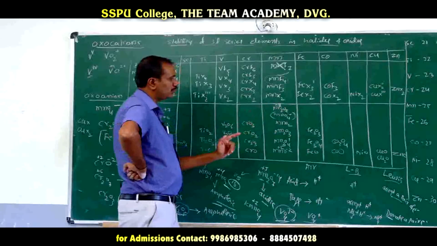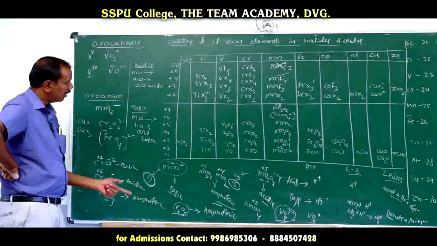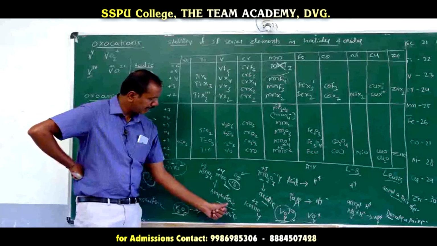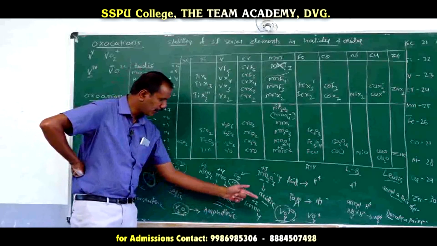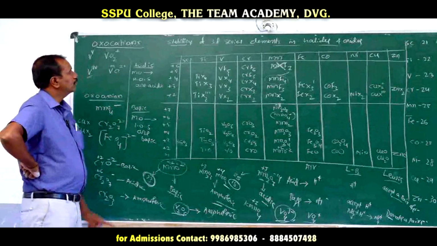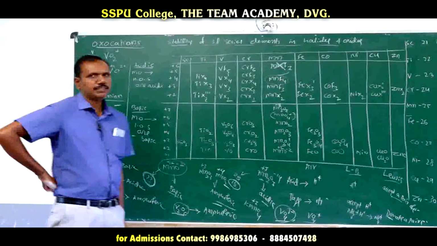The middle compounds can act as amphoteric, which means they can act as an acid as well as a base, and react with both acids and bases. That is all about the stability of elements in the 3d series.